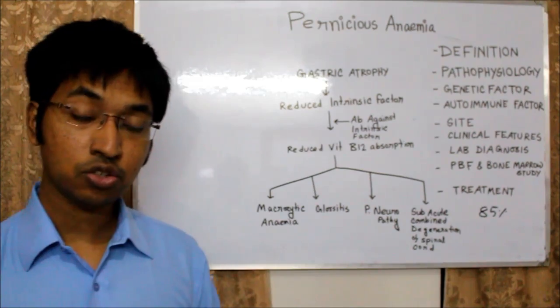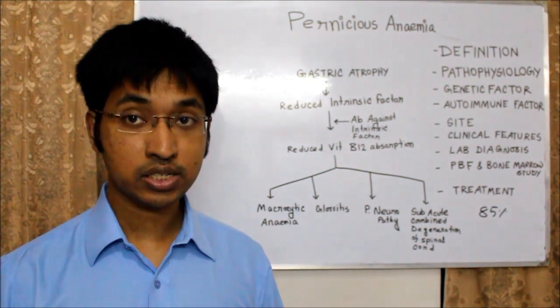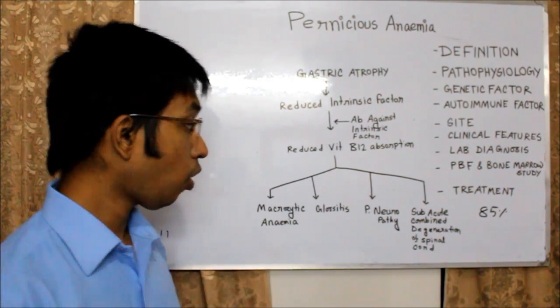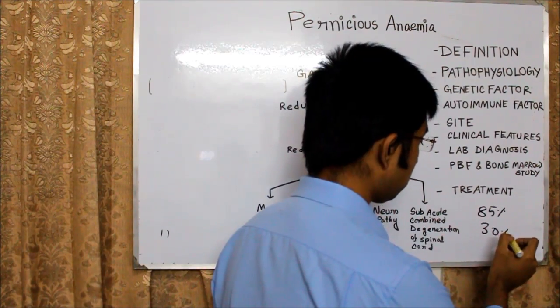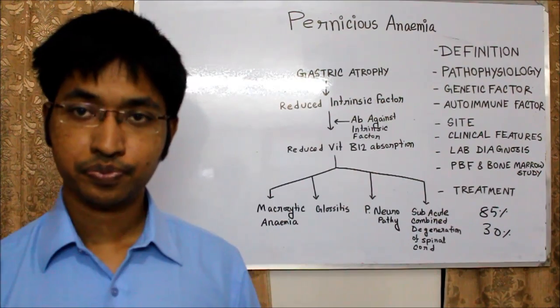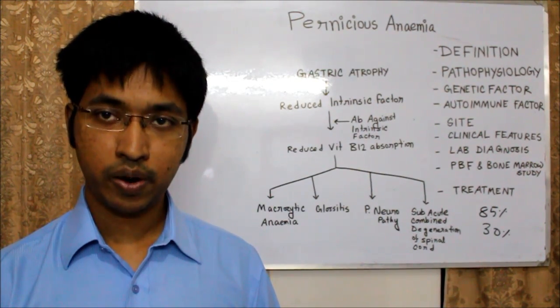However, patients who have chronic atrophic gastritis but don't have pernicious anemia also have about 30% to 60% antibody against the gastric parietal cell.